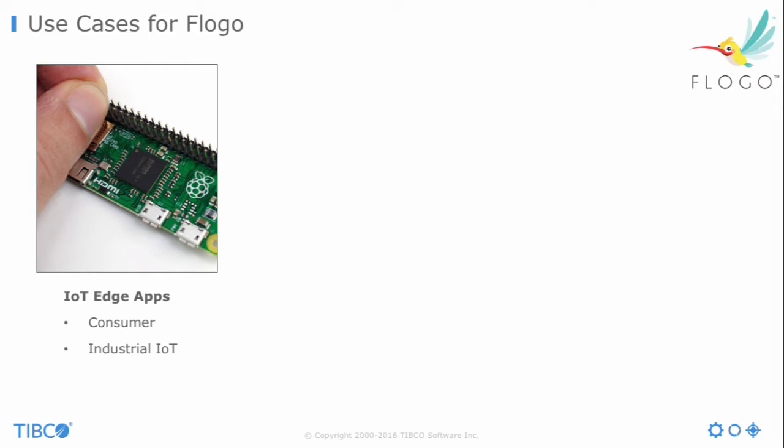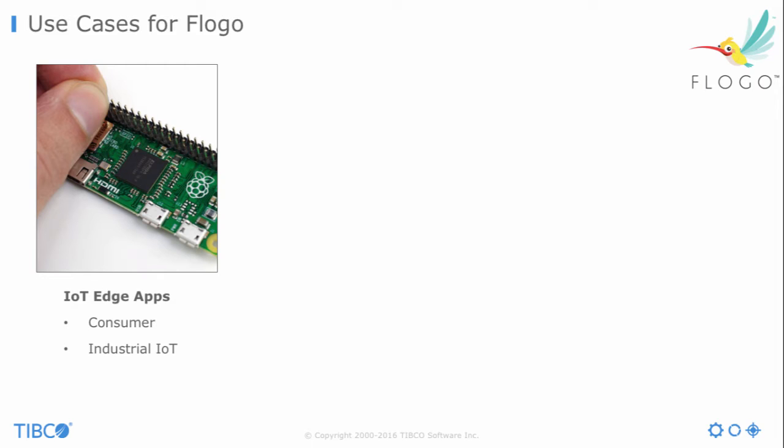The first one is really to build IoT edge applications. And with edge applications we really mean that you can deploy it on very small devices. We are not talking just about a Raspberry Pi here, which I would say is a little bit the legacy of IoT. So it's a still very powerful application device where you can deploy almost everything, including Java and JavaScript applications. But there are much smaller devices where you can deploy Flogo because it's so small with just a few megabytes of memory consuming.